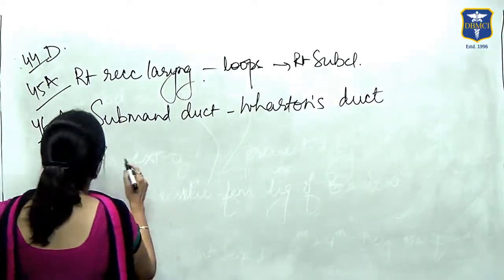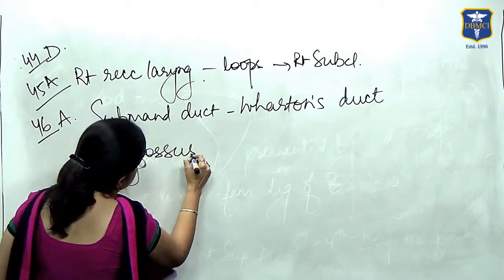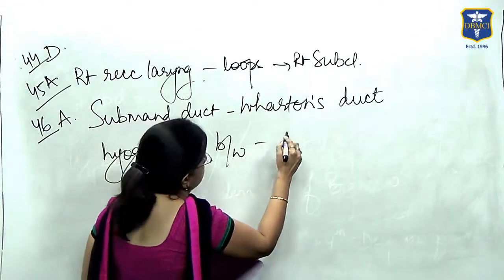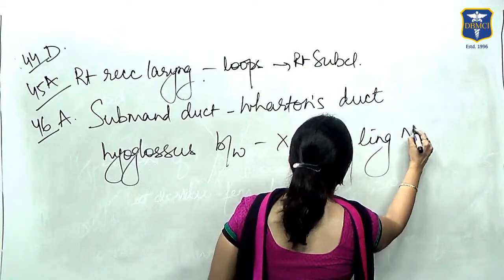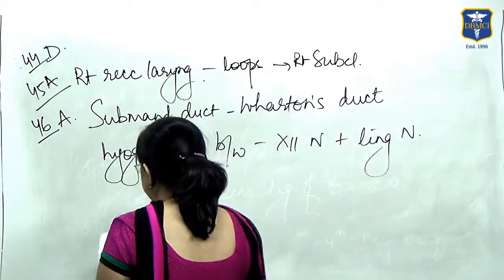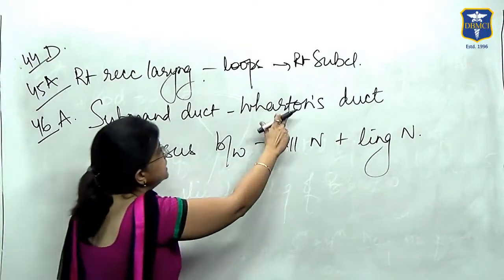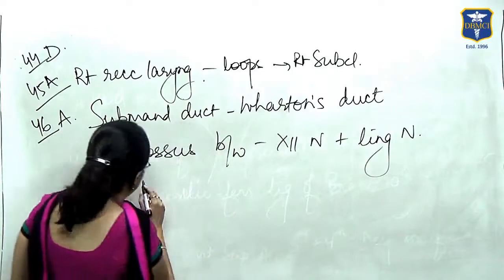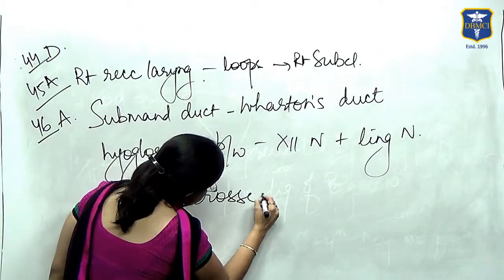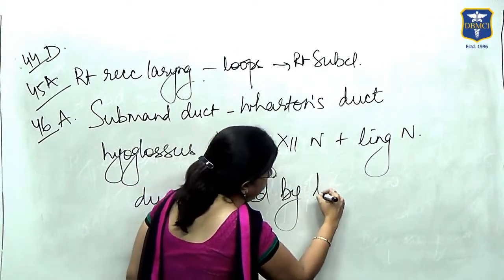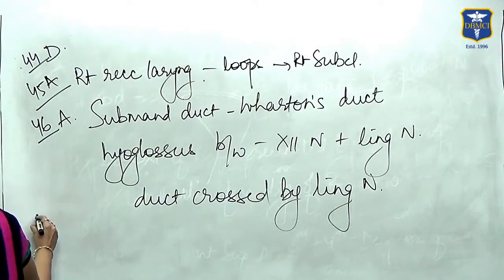It runs on the hyoglossus muscle between the hypoglossal nerve and the lingual nerve. At the anterior border of hyoglossus, this duct is crossed by the lingual nerve. This relation of the duct with the lingual nerve is important and is asked in MCQs.